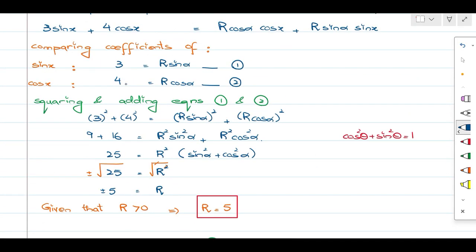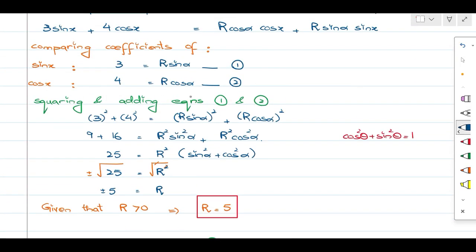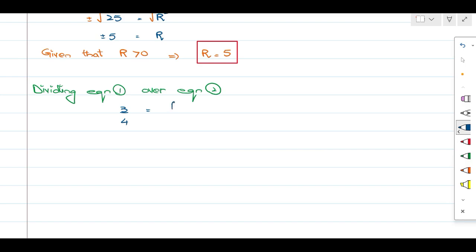We can say 3 divided by 4 is equal to r sin alpha divided by r cos alpha. Now here we can cancel r with r. We are just left with sine over cos, and we all know that the ratio of sine theta over cos theta is tangent theta. So use this over here. So 3 by 4 is equal to tangent alpha.